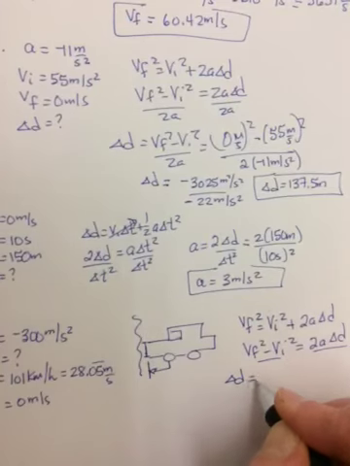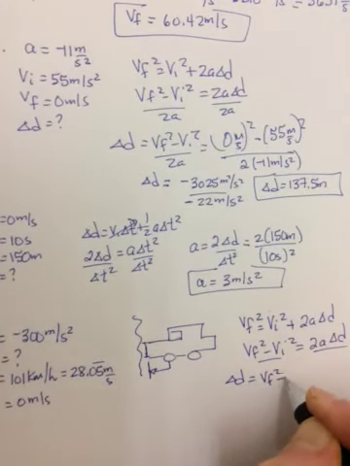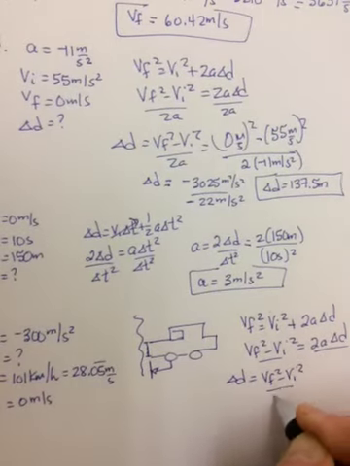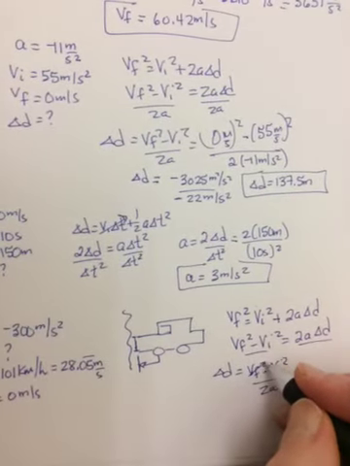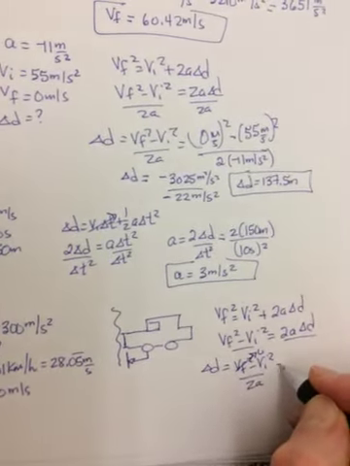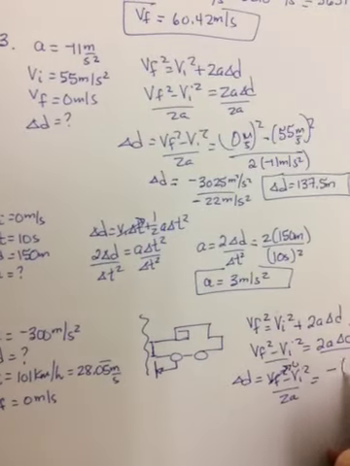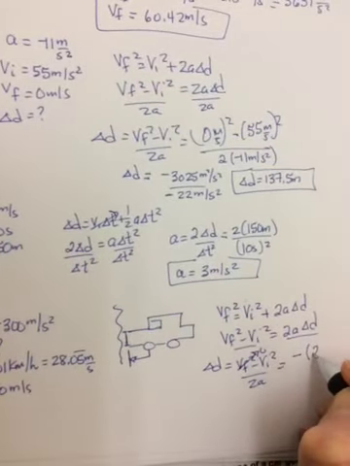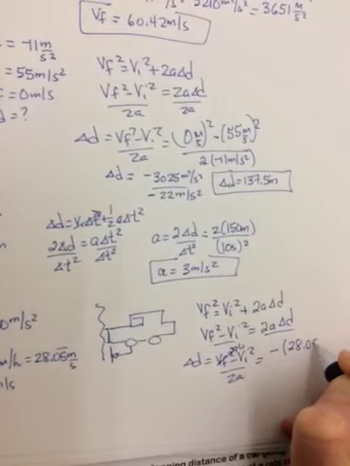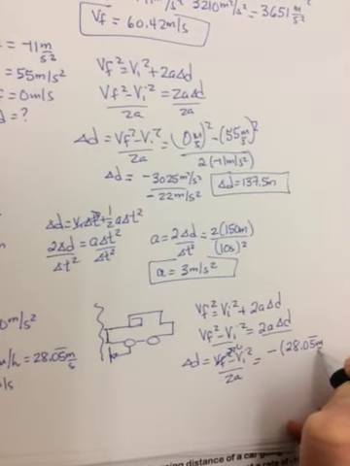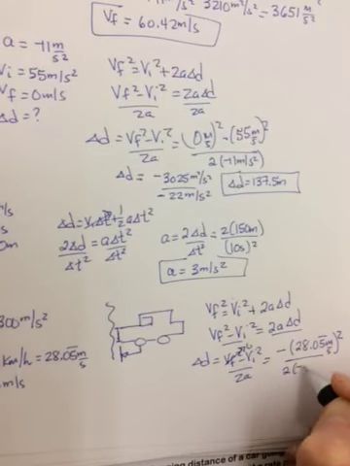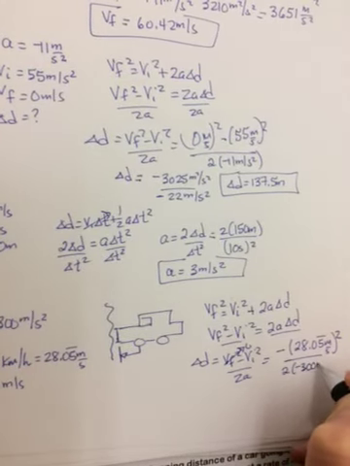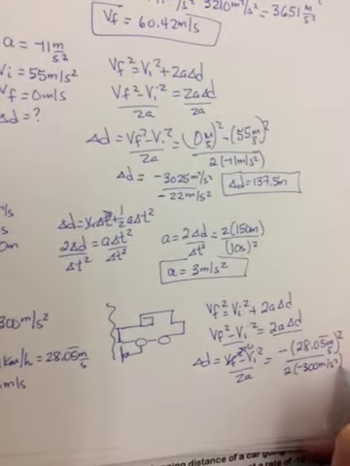So you'll be left with delta D equals VF squared minus VI squared over 2A. VF squared is going to be 0. So it'll be negative 28.05 repeating meters per second squared over 2 times negative 300 meters per second squared.